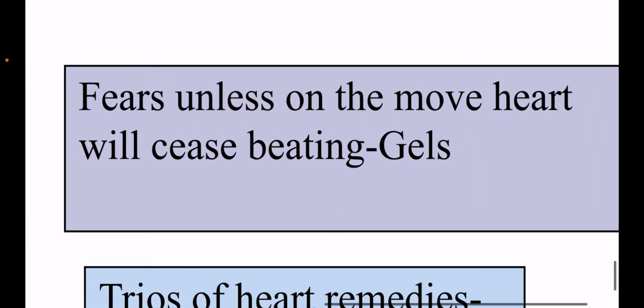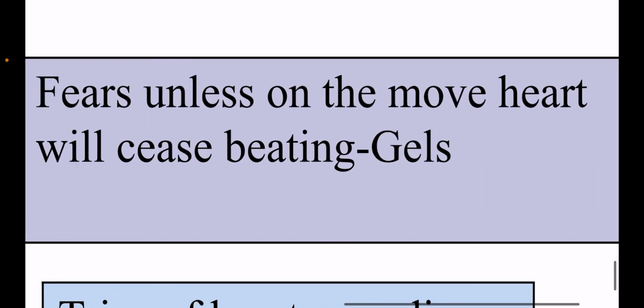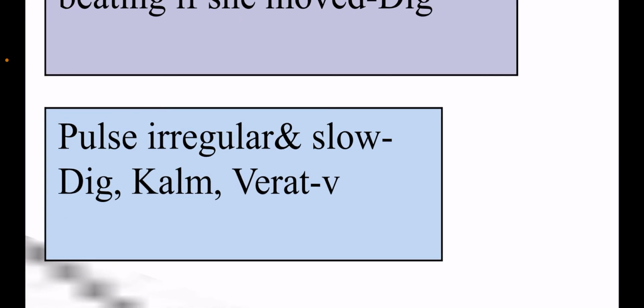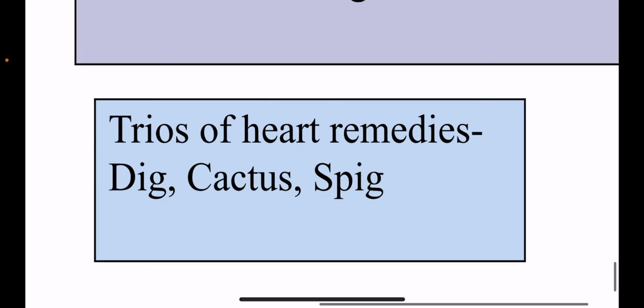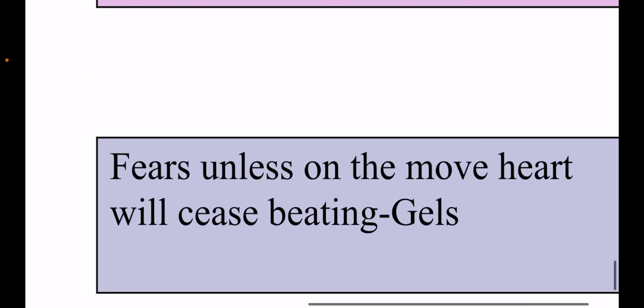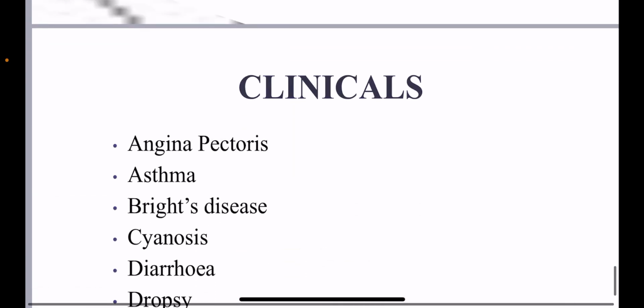The Gelsemium patient fears that unless on the move, the heart would cease beating, which means if he comes to rest, the heart will cease beating. He wants to be always moving. Pulse irregular and slow in Digitalis. The trio of heart remedies are Digitalis, Cactus and Spigelia. Hope the comparison is clear.